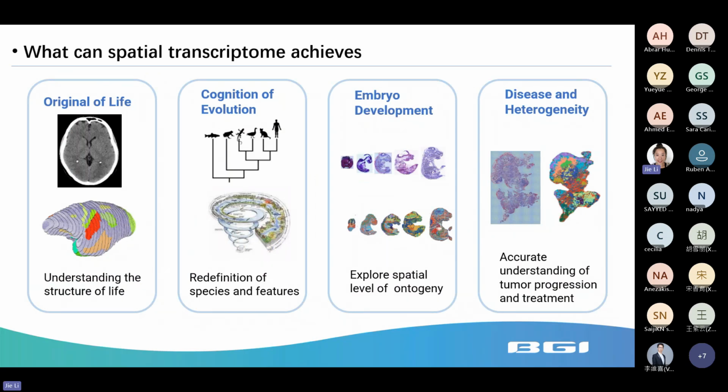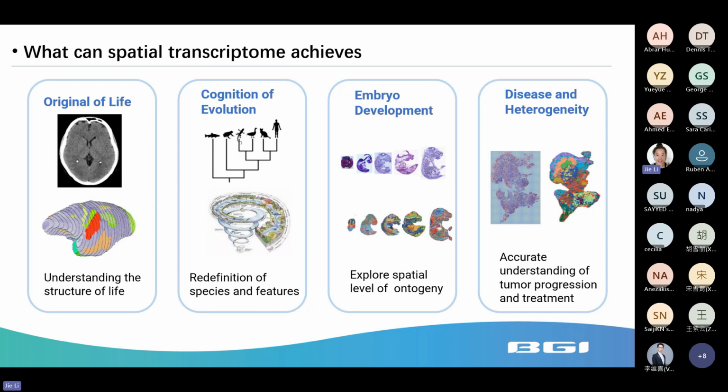So now we understand the spatial omics theory, but what can spatial omics really achieve? The innovation of spatial omics is mainly reflected in the following aspects. First, spatial omics emphasizes the comprehensive study of the spatial structure and function of the biological system, thereby revealing biological processes more deeply.